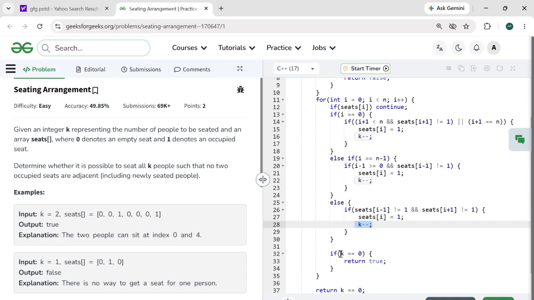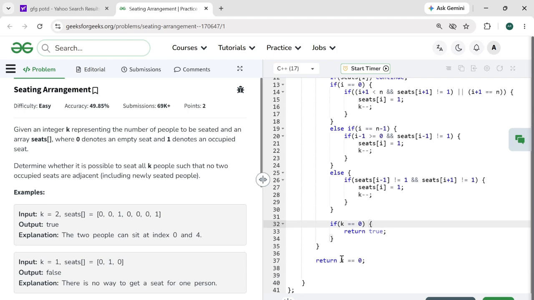And finally, if I find that k is 0, it means all the persons are seated perfectly, with no two adjacent people sitting next to each other, right? This condition will take care of it. If k is not 0, it will return false, otherwise it will return true.